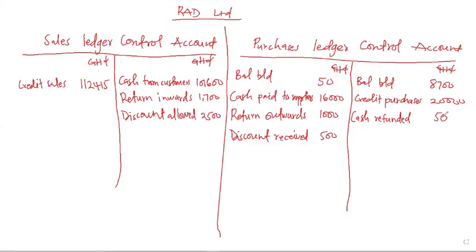Then we move to cheque received from customers dishonoured. That is dishonoured cheque. So this one is customers. As soon as you hear customers, then you have to go to the sales ledger control account. When the cheque is received, it decreases the debtors balance. If you give me a cheque, it is going to decrease your balance.